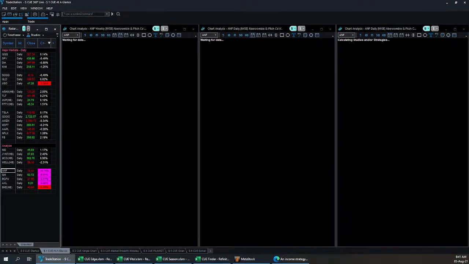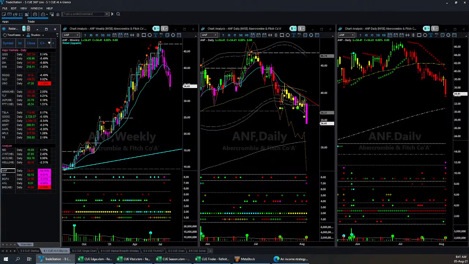ANF came down by 10.7% yesterday. There is no support nearby; the next support is at the white direction line. So in this case, if I wanted to short the put, I would not short the put at the money. I would have shorted at the white direction line, expecting that to hold.